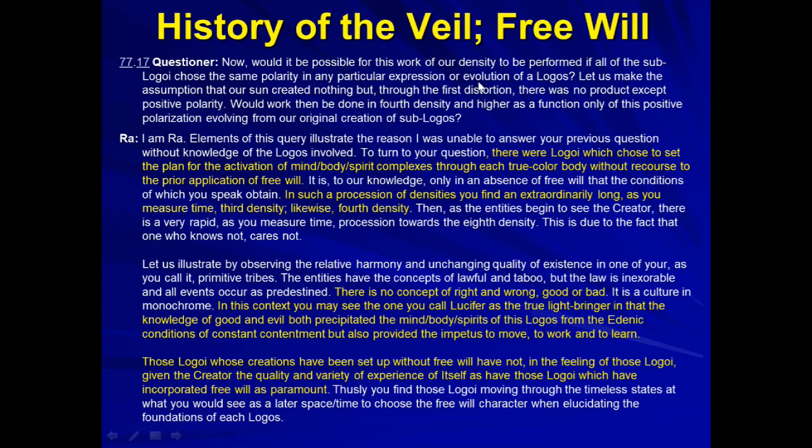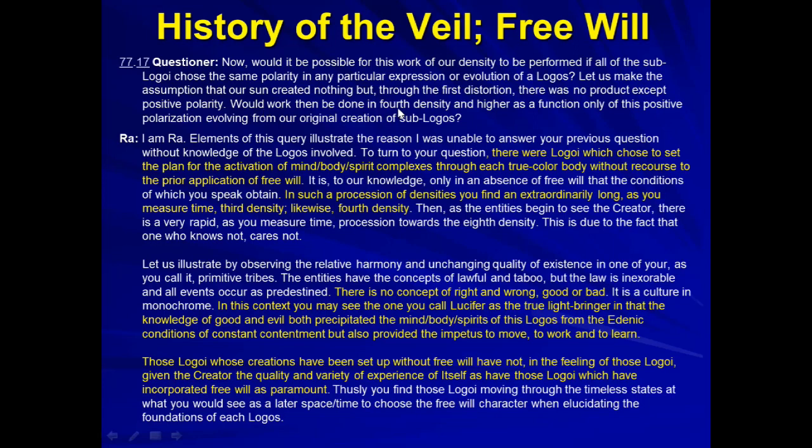Choose the same polarity. Say, let's go back to say, would this work in our density be performed if all of the sublogi suns chose the same polarity in any particular expression or evolution of a logos creation? Let us make the assumption that our sun created nothing but, through the first distortion, meaning free will, no product except positive polarity, which is how it was kind of set up.